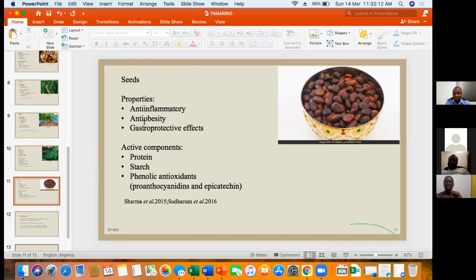Then when you say it has anti-obesity, I will be shocked and startled to hear that it has an anti-obesity property, because obesity is a cardinal factor in a number of diseases: obesity, diabetes, cancer, in fact, neuron damage and so on.